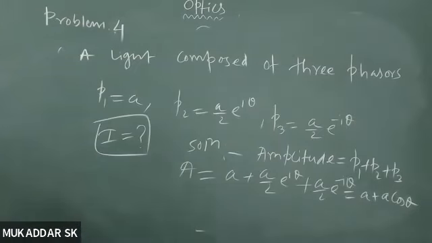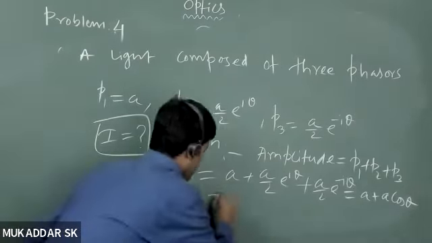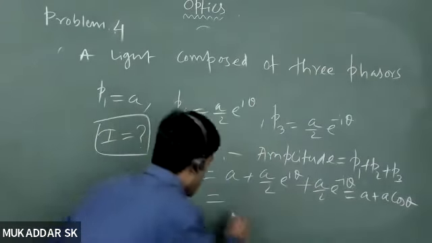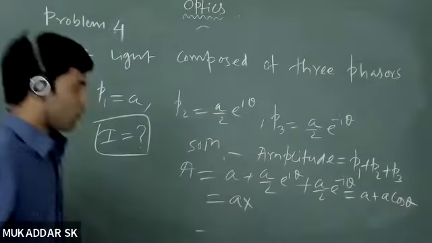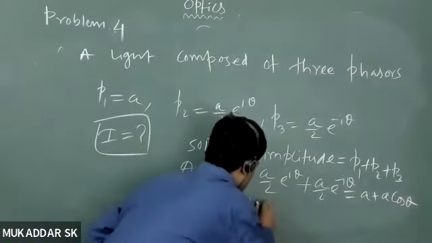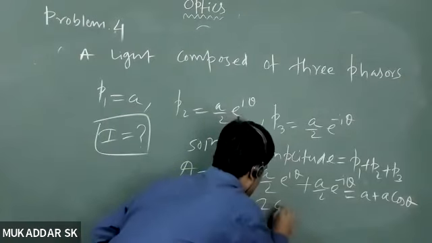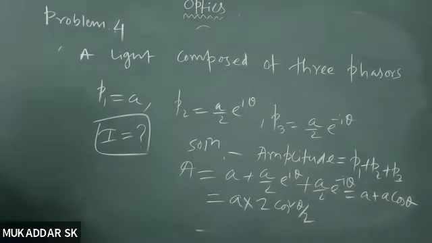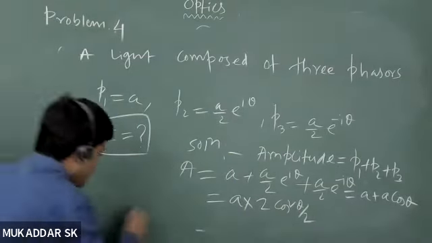So you got this resultant amplitude, and further if you take A common, how much will you get? 1 plus cos theta, and 1 plus cos theta can be written as twice cos square theta by 2. So what will be the intensity?